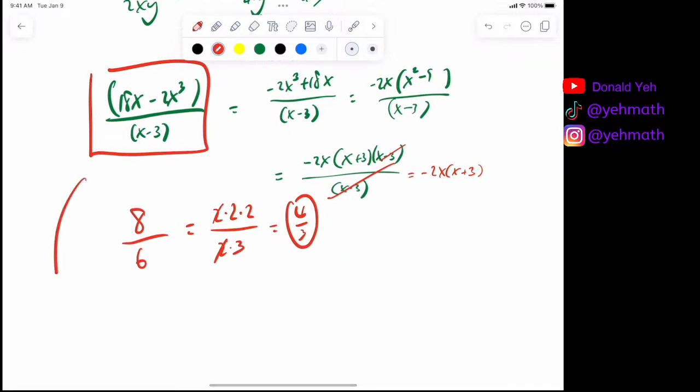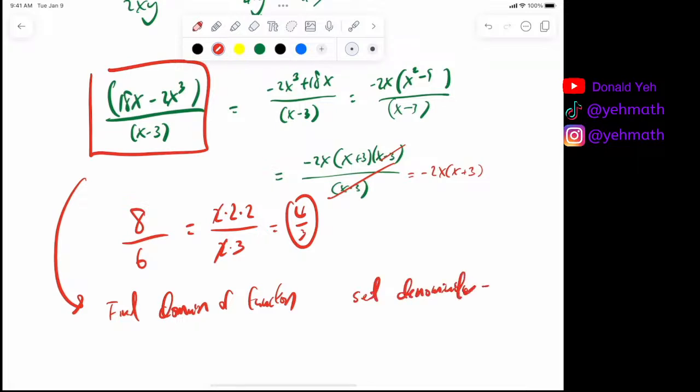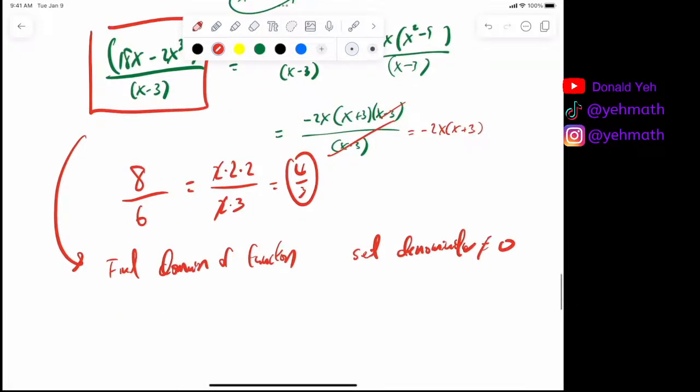So always, if I ask for the domain of the function, if I have this function, you're going to set the denominator not equal to 0. So x minus 3 cannot equal 0, and x cannot equal 3. Very good job.